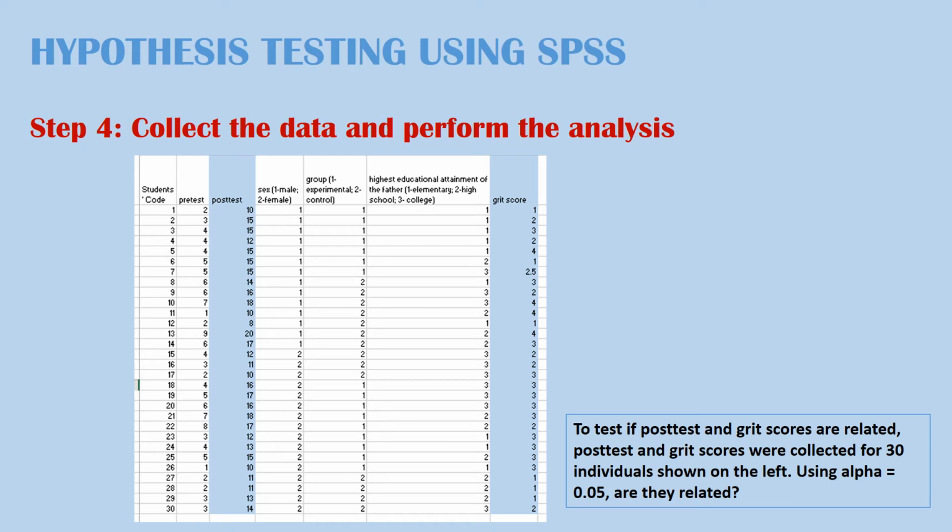So to test if the post-test and the grade scores are related, post-test and grade scores were collected from 30 individuals, being our sample size, and using alpha value of 0.05, we will test our hypothesis if post-test and grade scores are actually related.